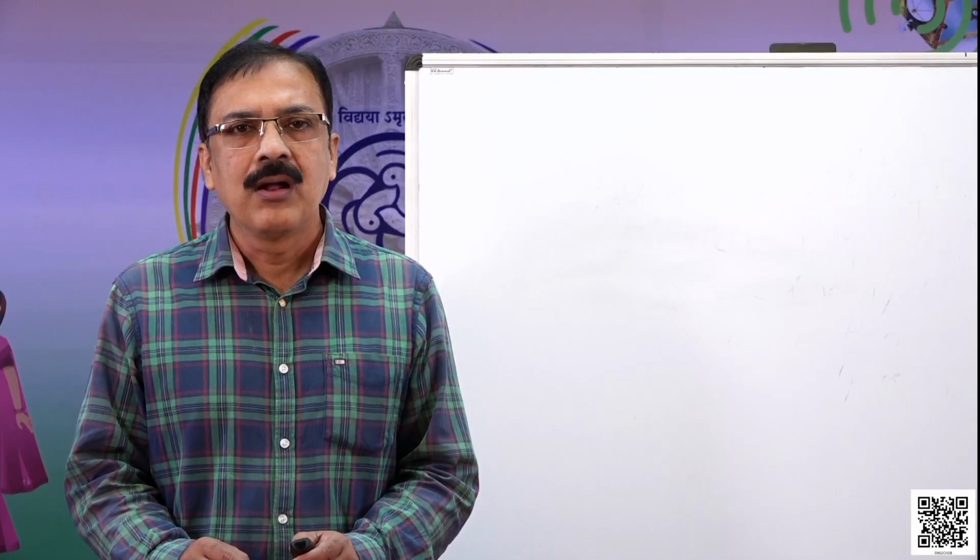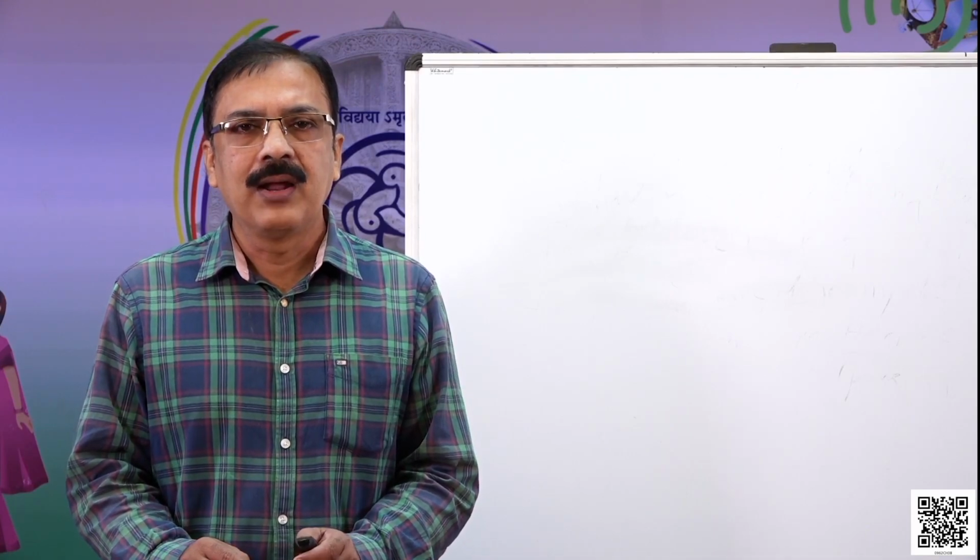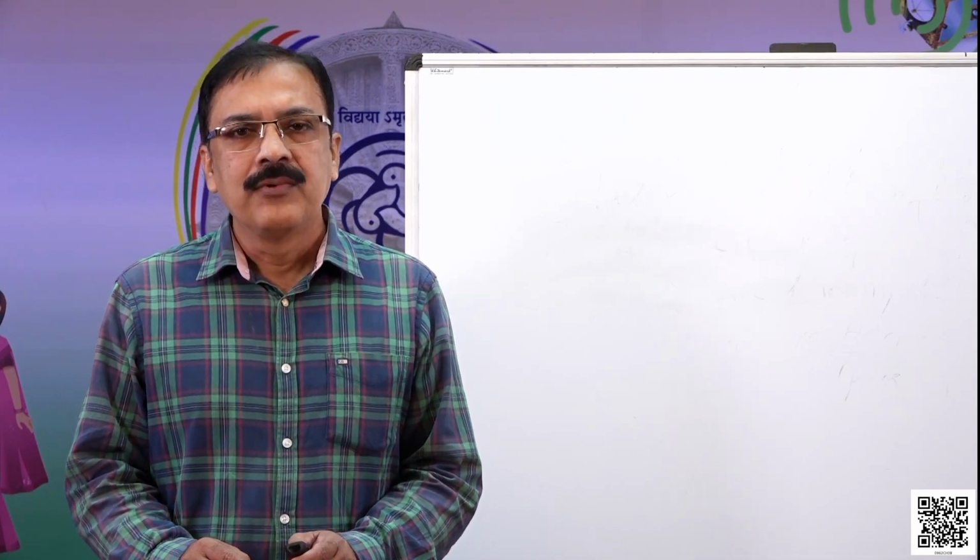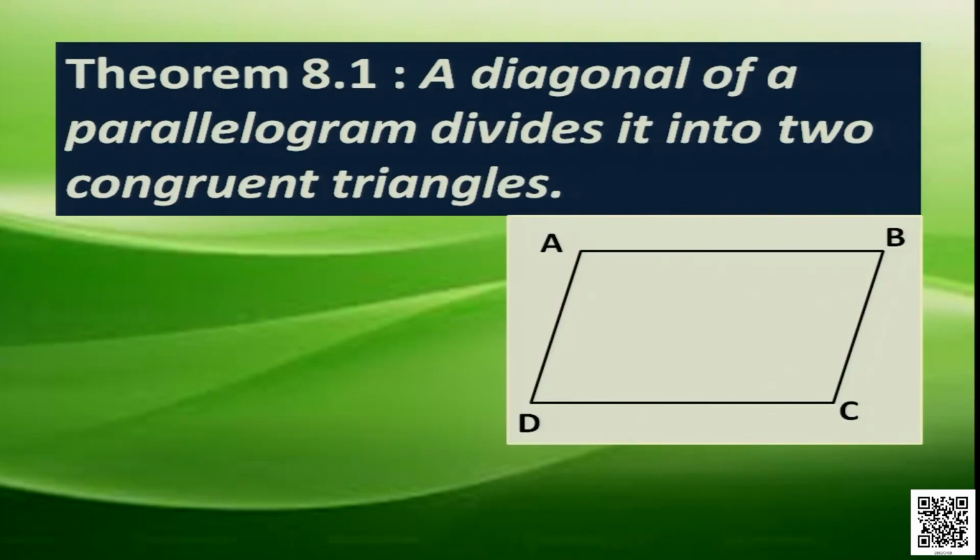Whenever we draw a diagonal of a parallelogram, we can see two triangles. Here ABCD is a parallelogram and AC is one of its diagonals. So we get here two triangles, that is ABC and triangle ADC.